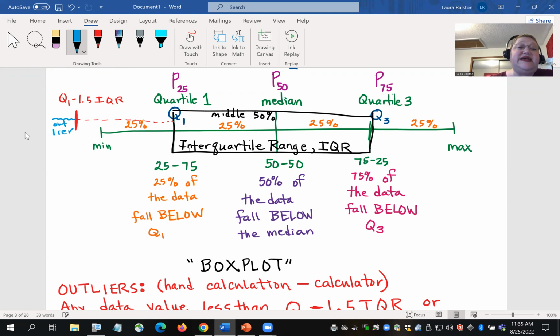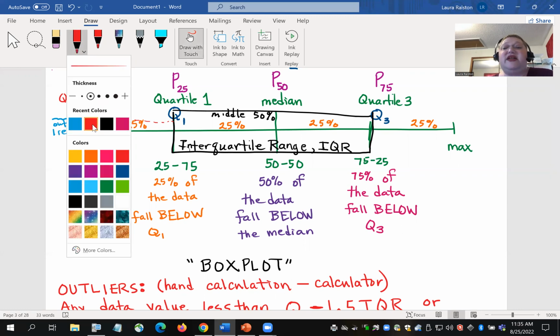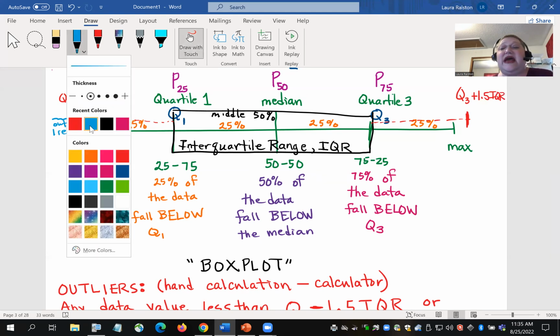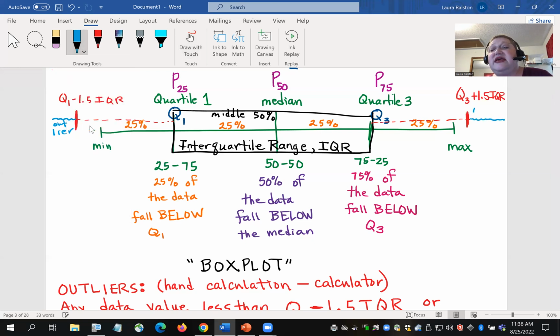If it's less than where that fence post is, it's an outlier. It doesn't seem to fit with the rest of the data. We also have that on the other end. We start at Q3 and we calculate Q3 plus 1.5 times the IQR. And then anything that's above that, or again, outside the fence, is an outlier.